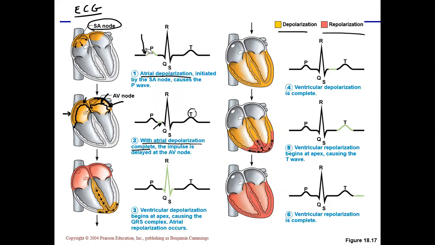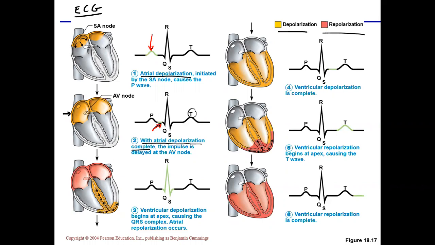So the answer is probably after the beginning of the P, and the precise answer would be probably at the peak of the P. Where is the peak of the P? The peak of the P would be right here. That's the beginning of the contraction of the atrium, and then it continues all the way probably throughout here.